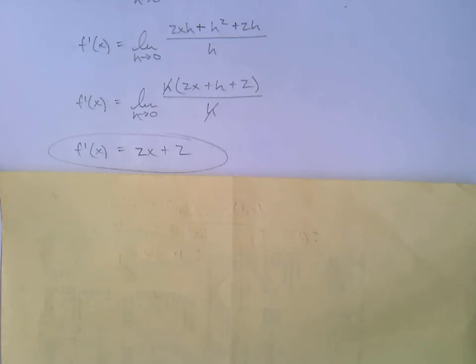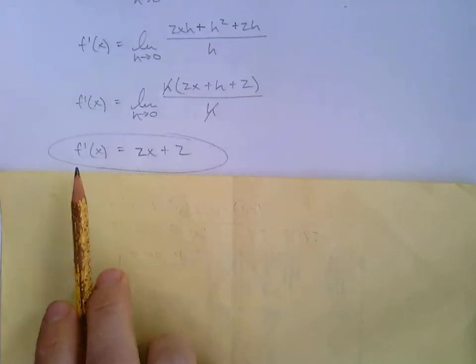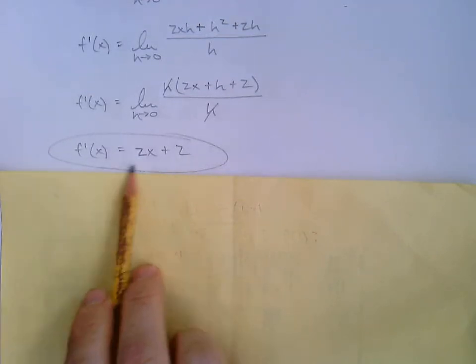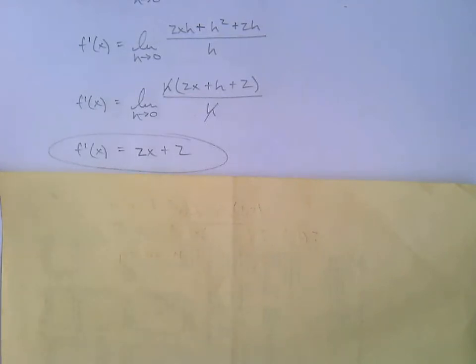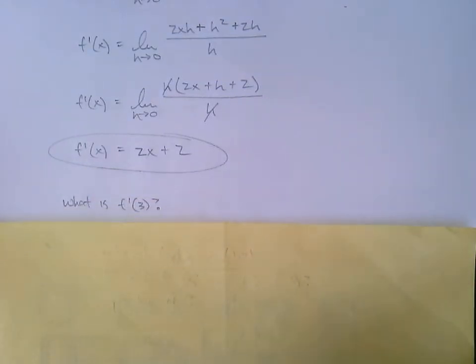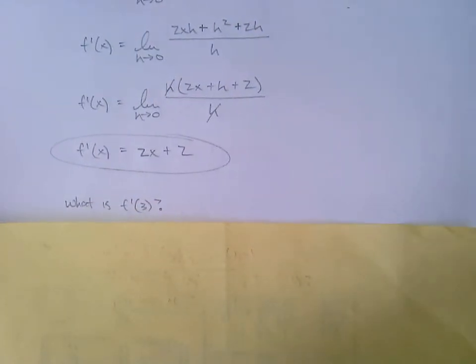Okay. Let's pause here and reflect before we go to part B of these examples. As you can see, our derivative looks like an ordinary function that we're familiar with, 2x plus 2. So what if we wanted to know f prime of 3?